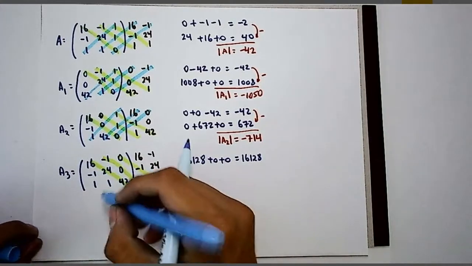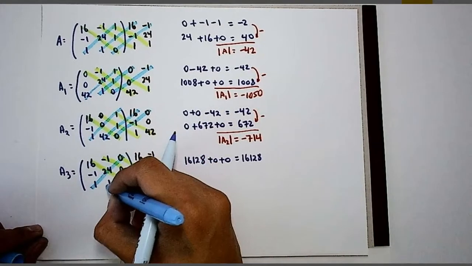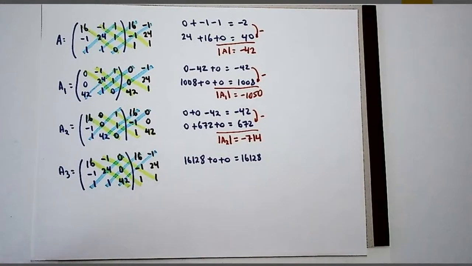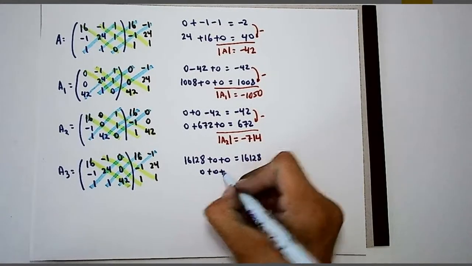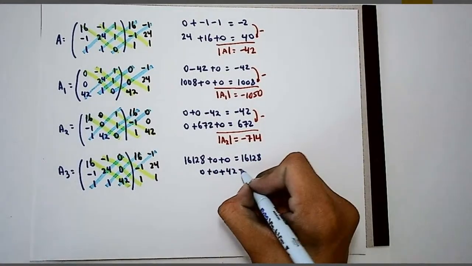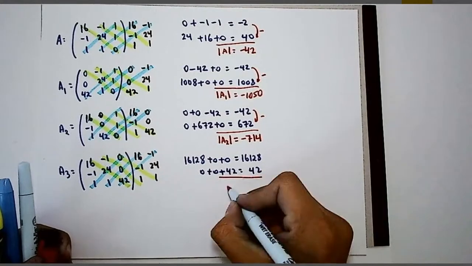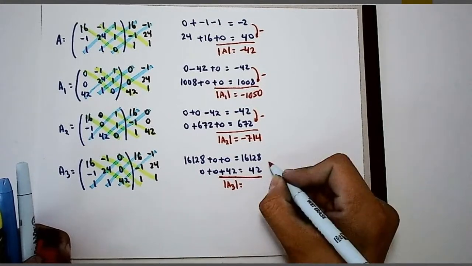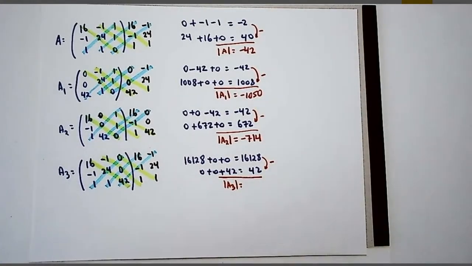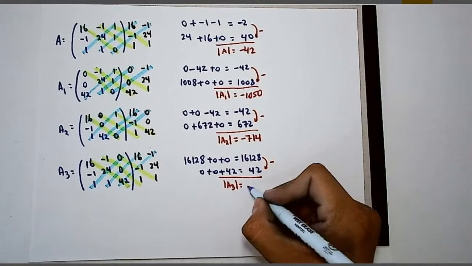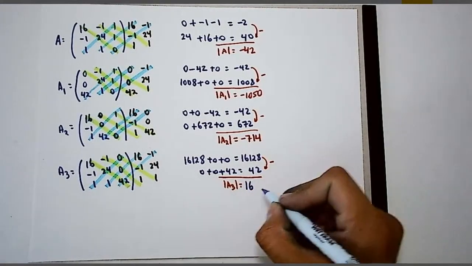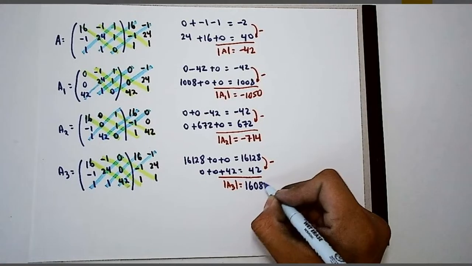From the anti-diagonals, this is 0, this is 0, and this is 42. This means that the determinant of A sub 3 is 16,086.